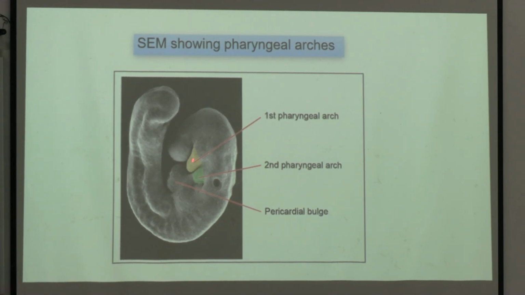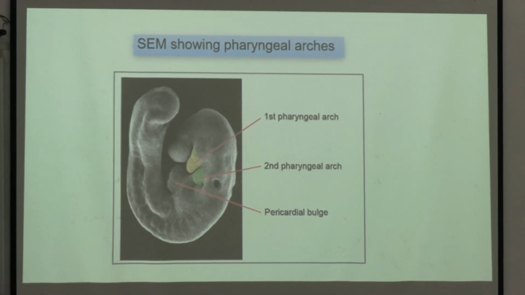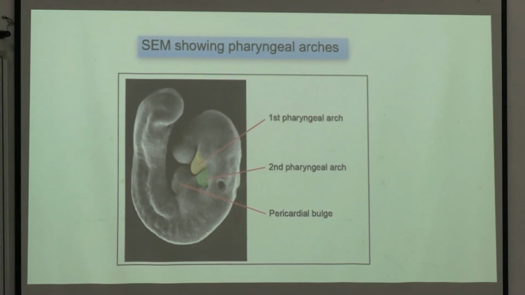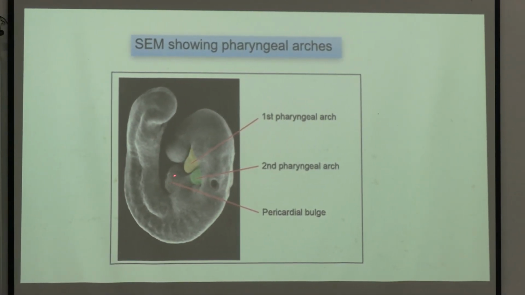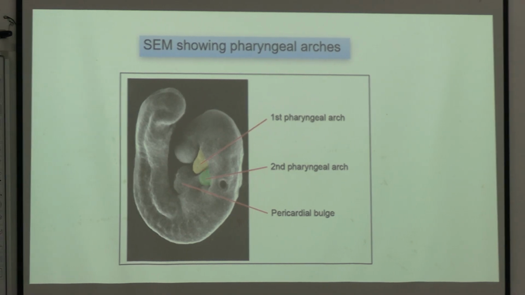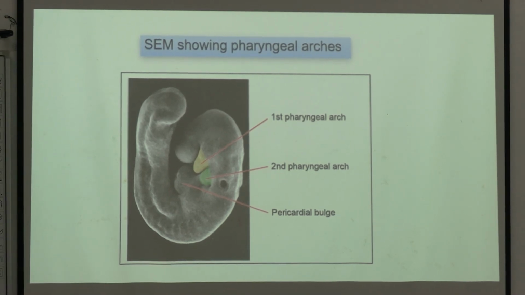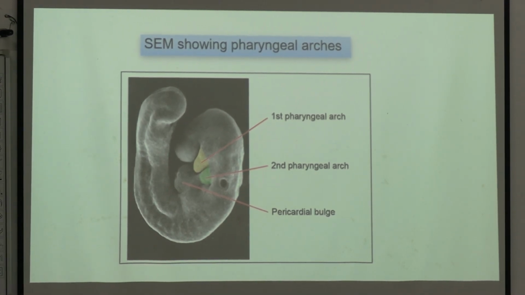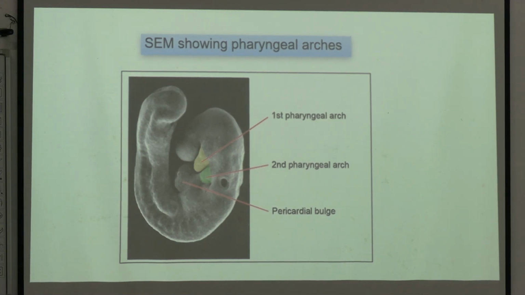This narrow region is the stomodeum, and gradually these things are stretched because of the development of these mesodermal bars. This mesodermal bar, which we have called pharyngeal arches thousands of times, has grooves and clefts in between, which develop into the neck region.